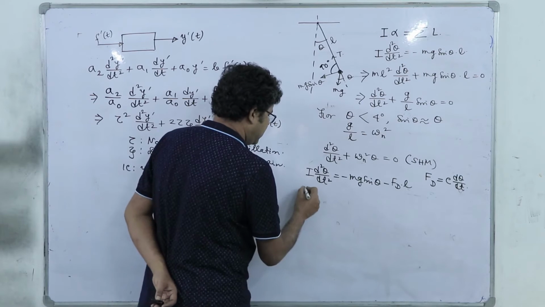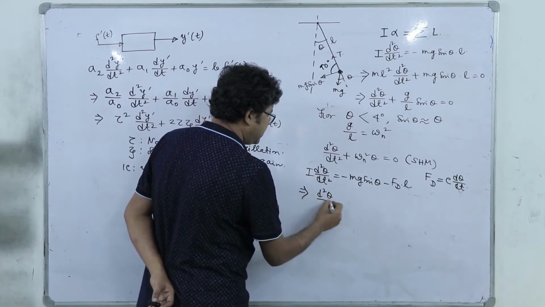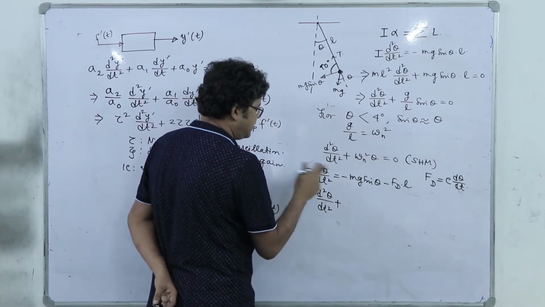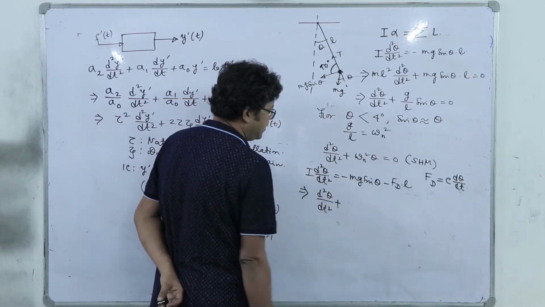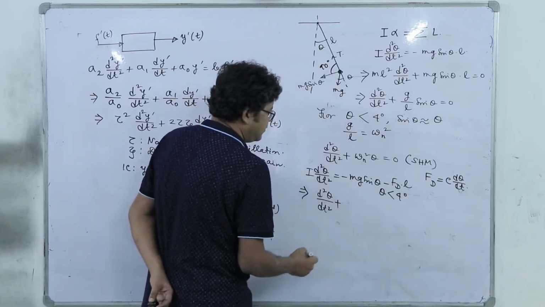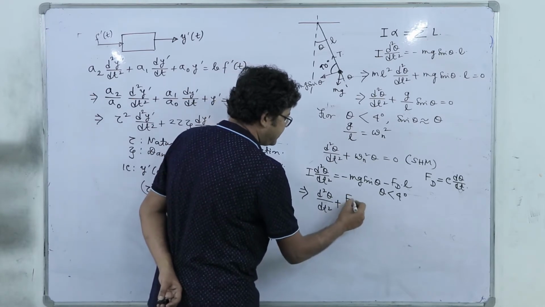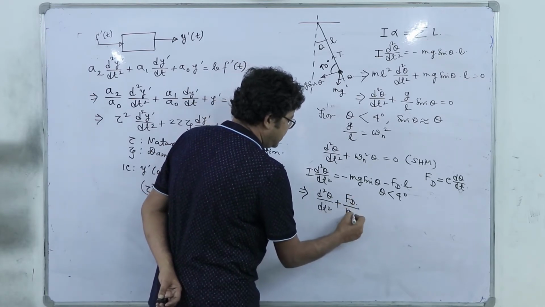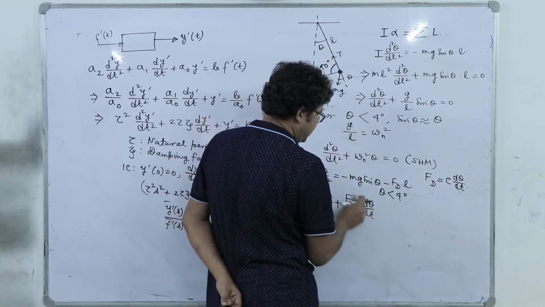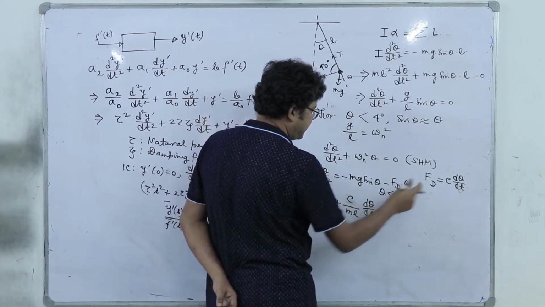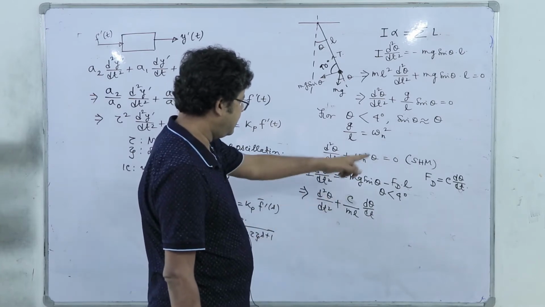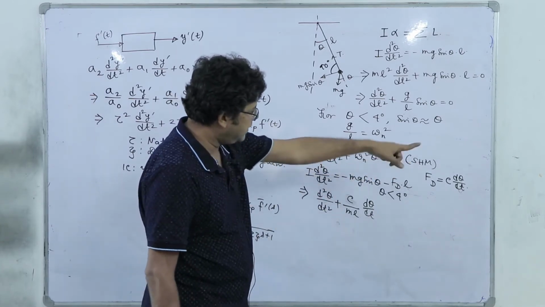So if we go for writing I is equal to ml square and the simplifying assumption that sine theta is equal to theta, then we will get, not Fd, rather it is C into d theta dt, and this Fd is C into d theta dt.